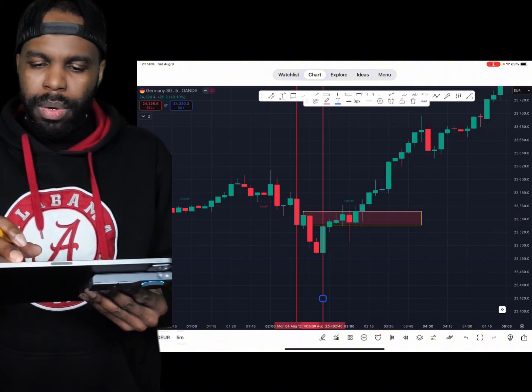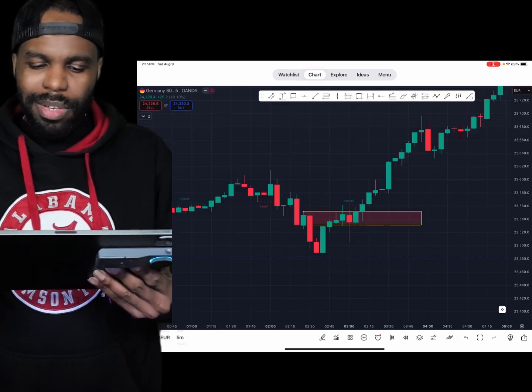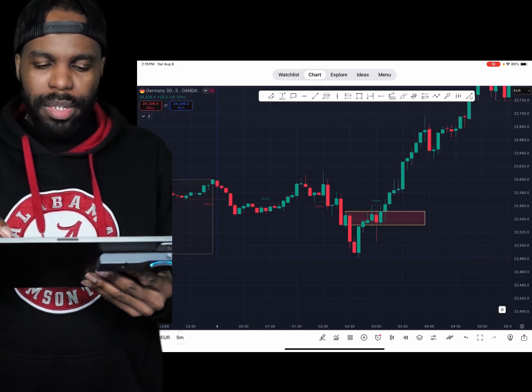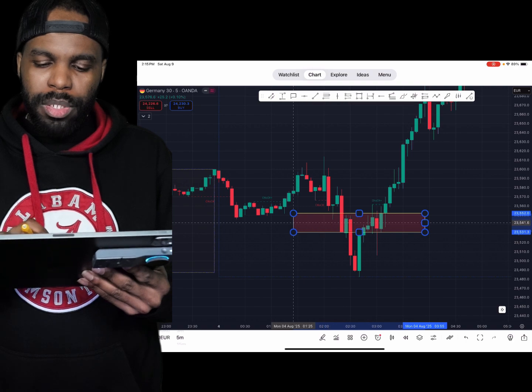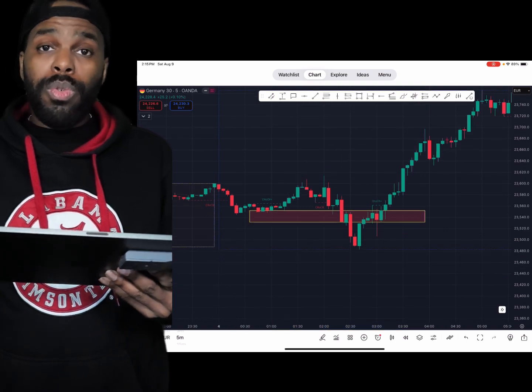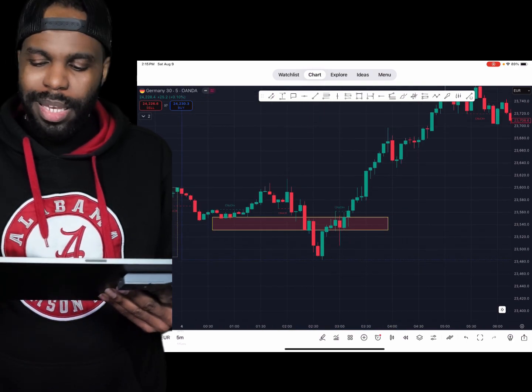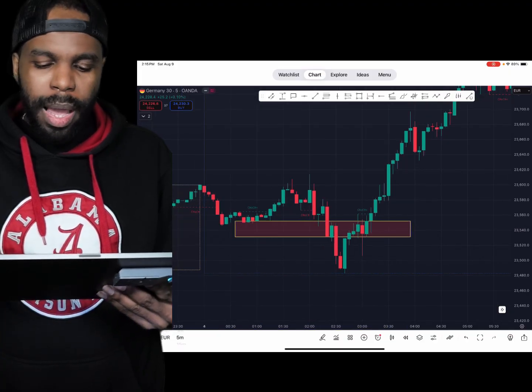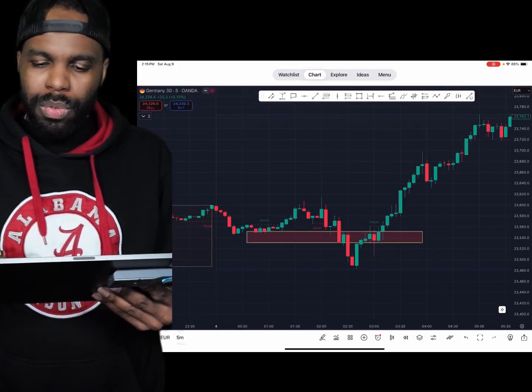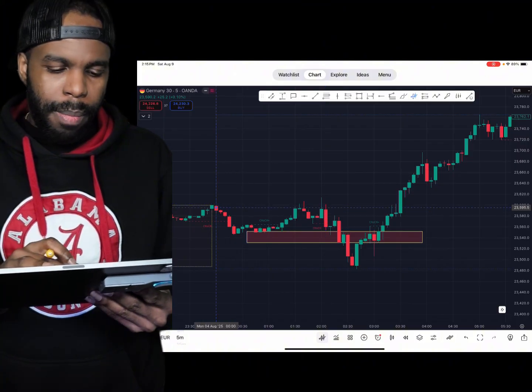Okay, I'm showing you guys how simple this is. This is a very, very simple strategy that you can implement starting this week. And then you can use this strategy to pass prop firm challenges easily. Okay, so I got my breaker block. Now it's time to just put my VWAP.